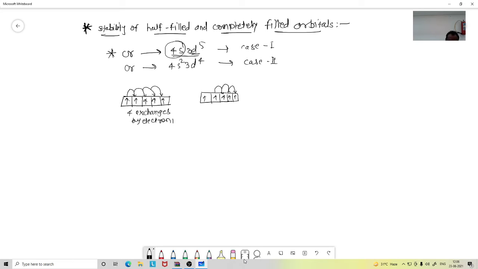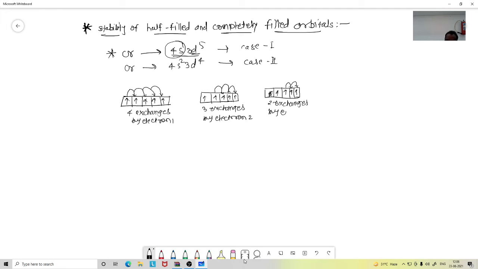Likewise, 2 exchanges by electron number 3. 1, 2, 3, 4, 5. Electron number 3 will have 2 exchanges.